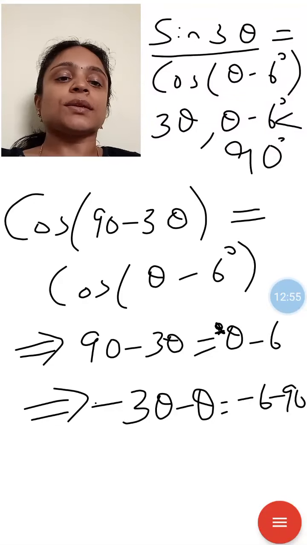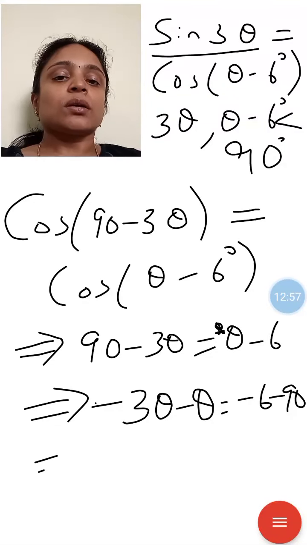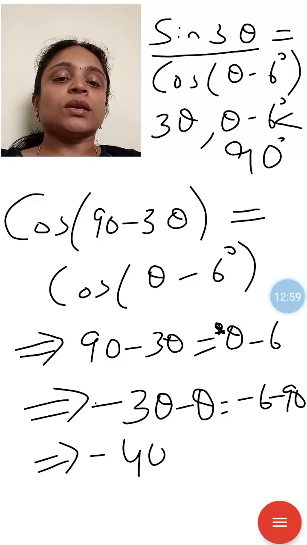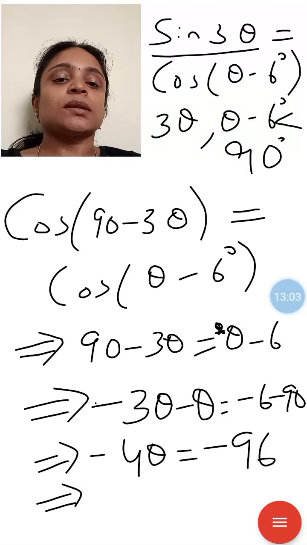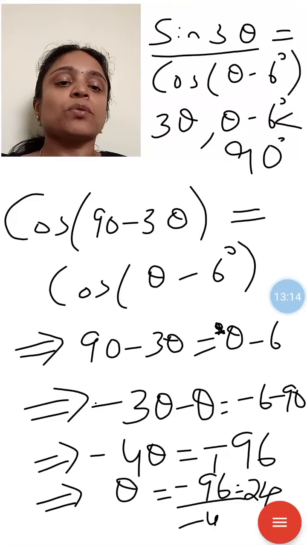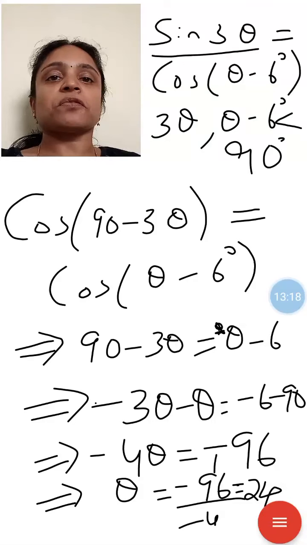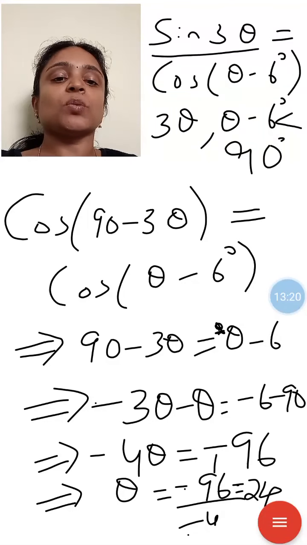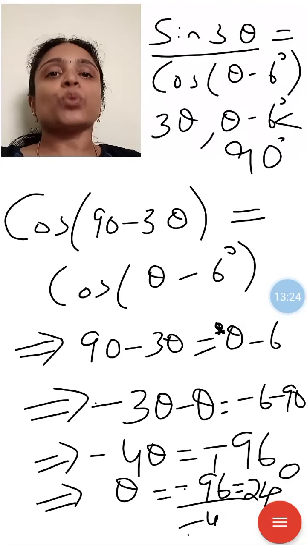So, minus 4 theta equal to minus 96, which means theta equal to minus 96 by minus 4, which is 24. The sign of the answer will be positive because negative by negative is positive. So you got theta equal to 24 degrees, which is the answer.